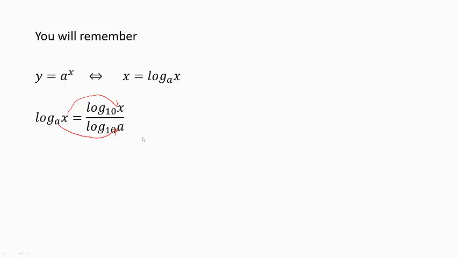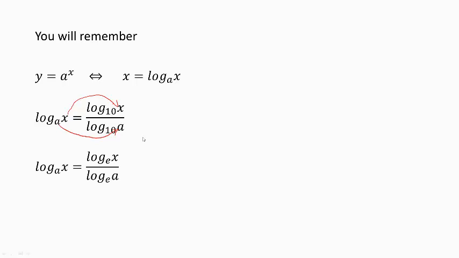That way we've changed the base from base a to base 10. Why do we do this? Well, back in the old days, calculators couldn't work out bases other than 10 or the natural logarithm base e, so we always had to convert.